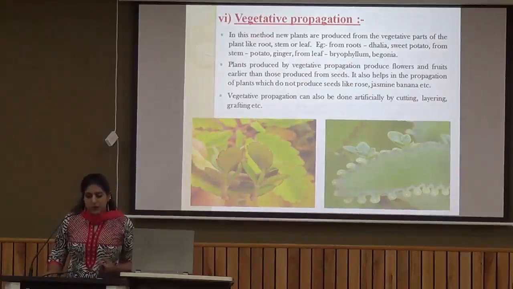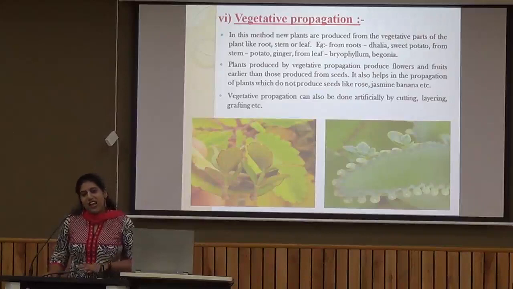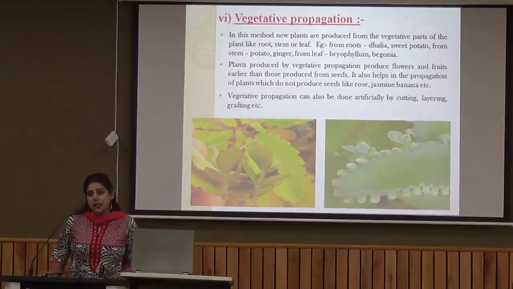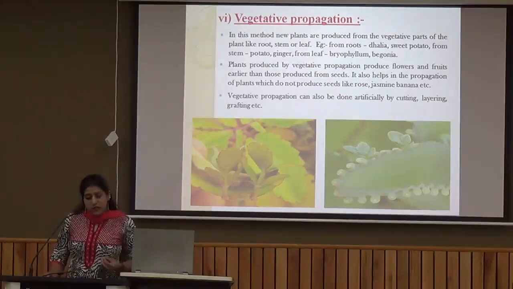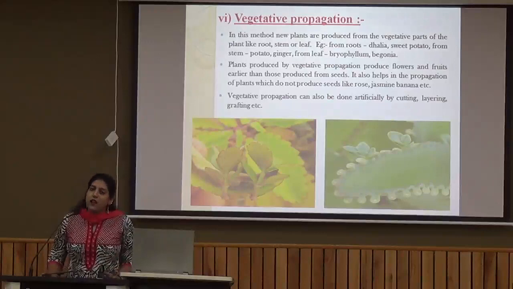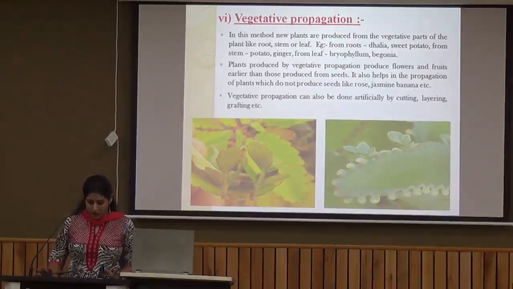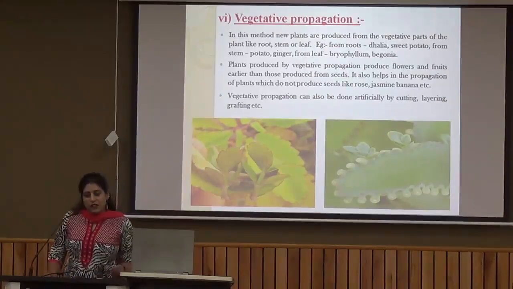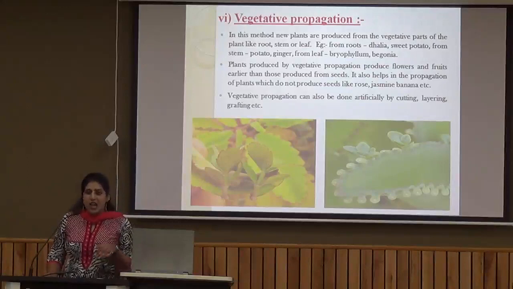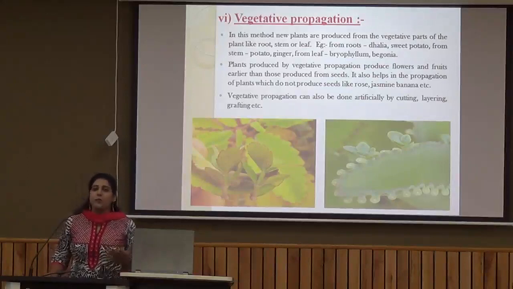Now, plants which are produced by vegetative propagation use different types of technology because we require particular characteristics as well as speedy production. For example, flowers we want, rose, jasmine, we can grow through vegetative propagation. Naturally, we take a piece and sow it in the soil and we get a new complete organism.